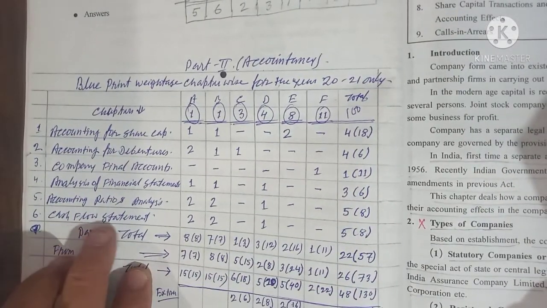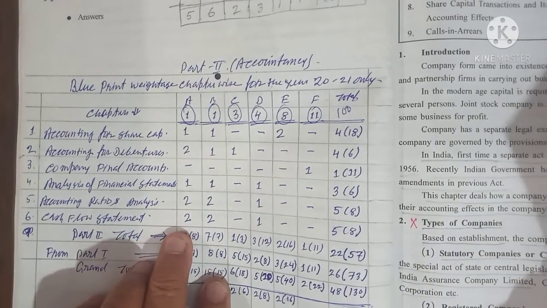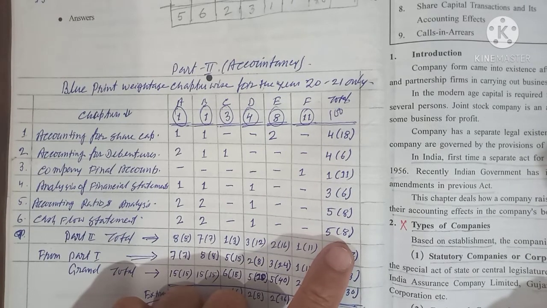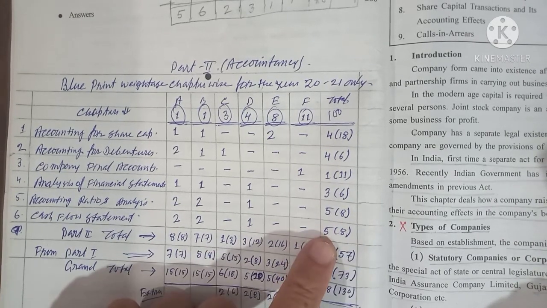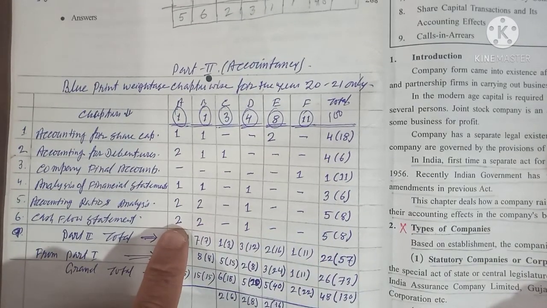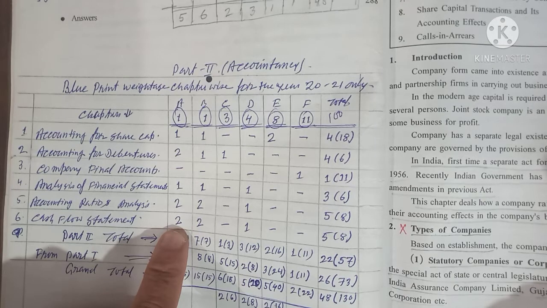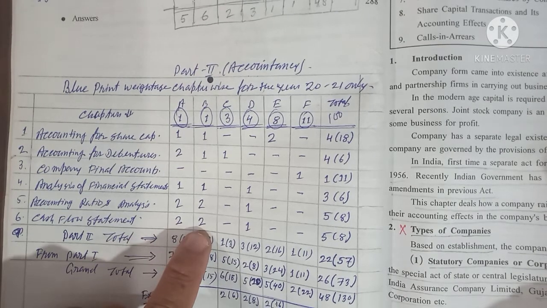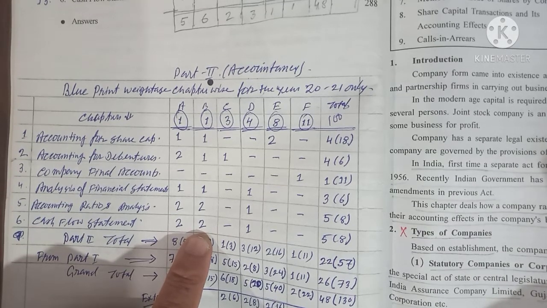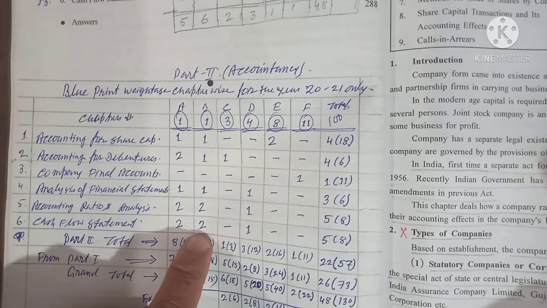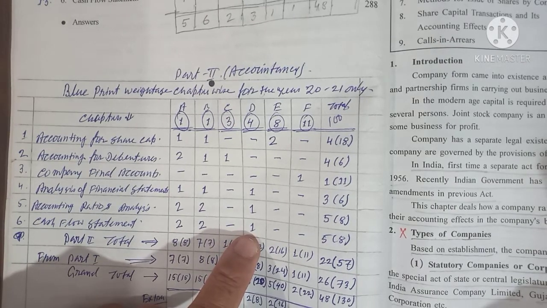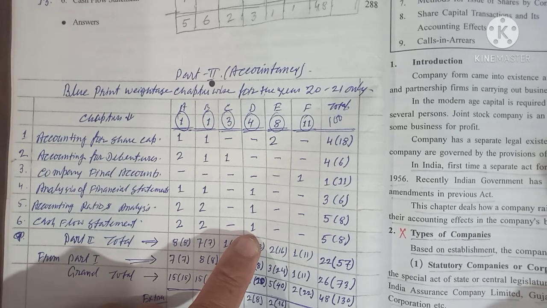For the last chapter, cash flow statement, the total weightage is 8 marks and you will get a total of 5 questions. Out of the 5 questions, 2 questions will come from MCQ, that is section A. 2 questions will come from section B, which are 1 or 2 line question answers, the theoretical part, and 1 practical sum will come from section D, where you will get 4 marks.